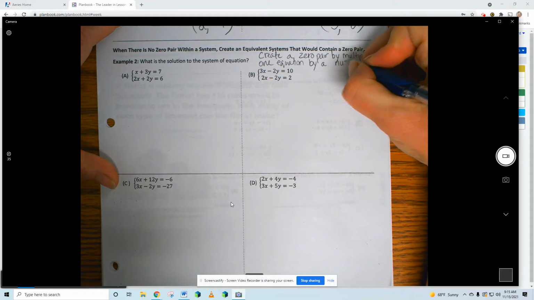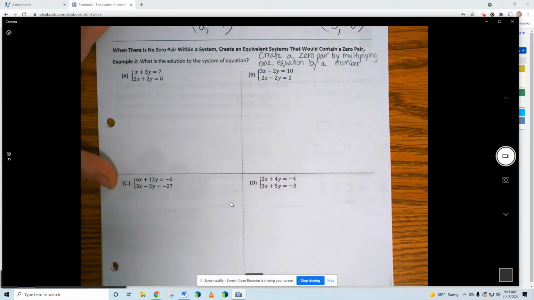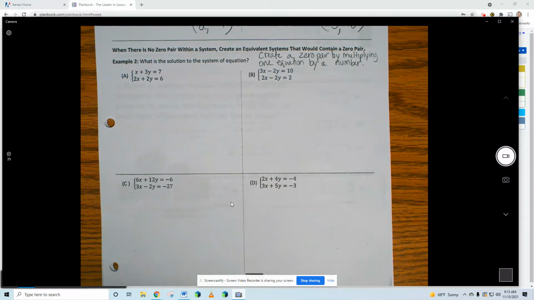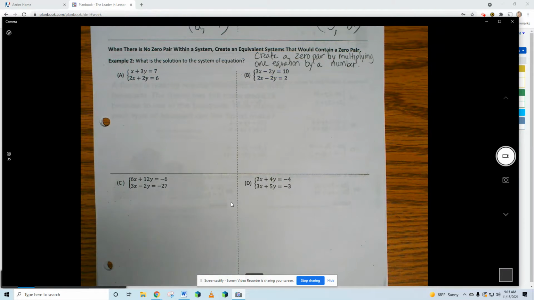And you're like, what number? Well, it's going to be different every time. Because if you'll recall, what I want is opposite signs and the same number. The same number, opposite signs.